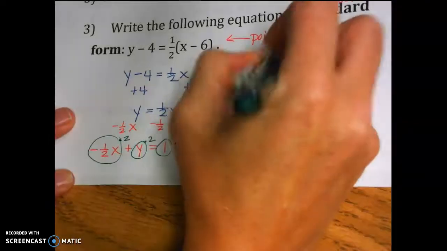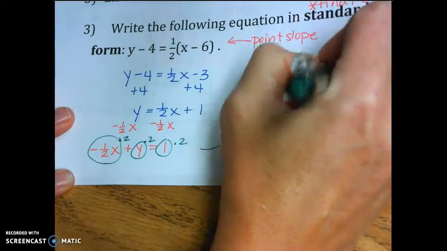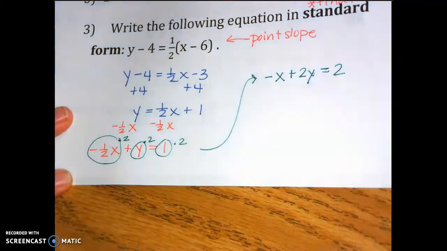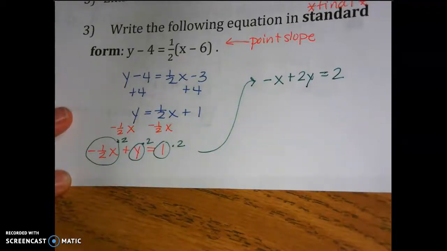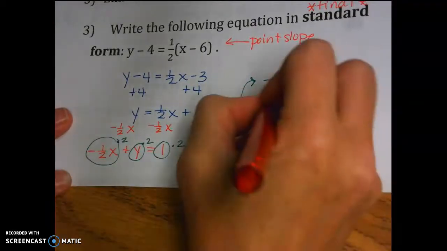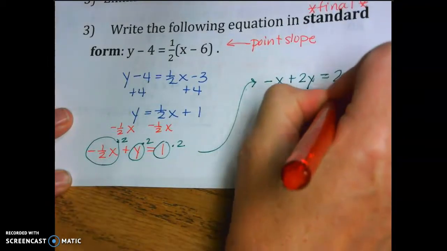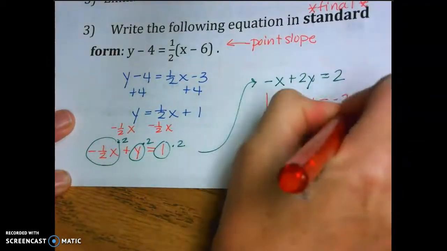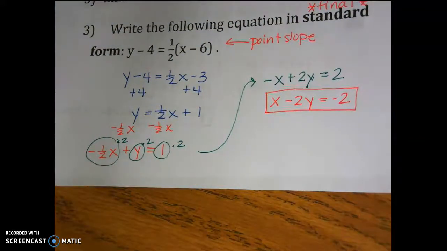So that gives us negative x plus 2y equals 2. We're almost done, but we need to make sure a is positive. So if a is negative, you change the sign of everything. We'd have x minus 2y equals negative 2. There you go.